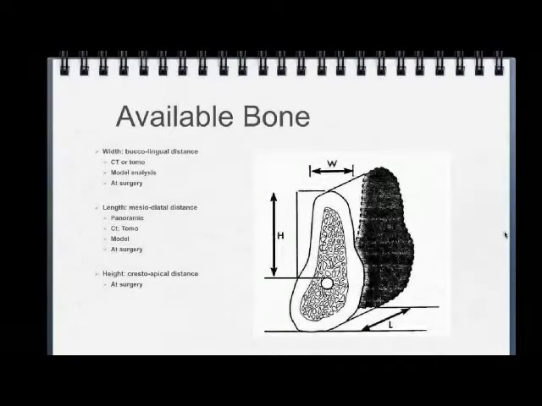And the height, of course, on the CAT scan and the periapicals and the tomography. We cannot determine this on the model, but we definitely can determine and finalize this at the time of the surgery. So with all these dimensions, the width, the length, and the height, we have a three-dimensional idea of the amount of the bone we're dealing with.